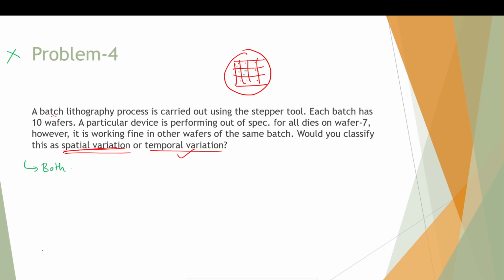Okay. So Mir is asking if I can explain both the variations. So I'll just brief them for him. Spatial variation means, say I have a die.